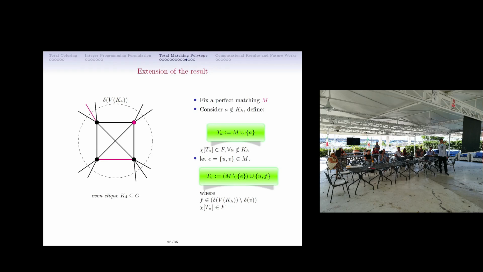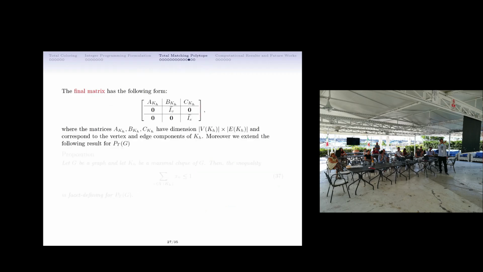We can color this one, and since the matrix having as columns the characteristic vectors of those incident vectors has full rank, the corresponding points are affinely independent, and so this inequality is facet-defining for the total matching polytope itself.